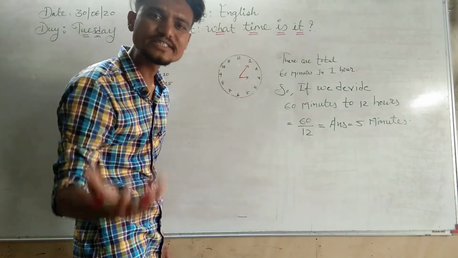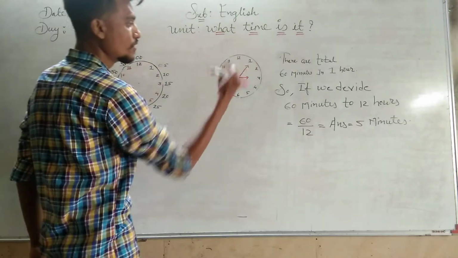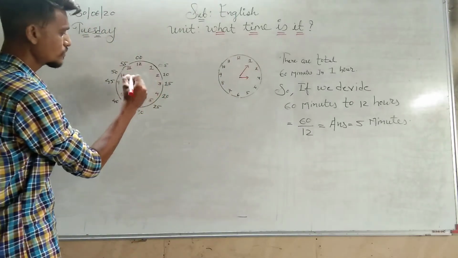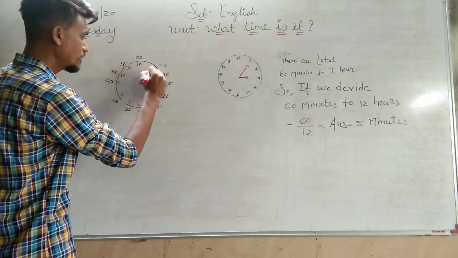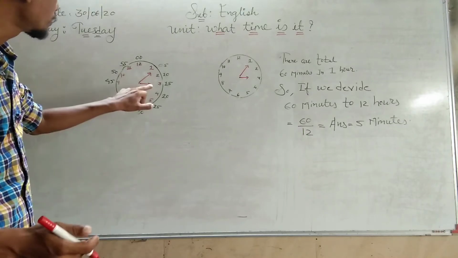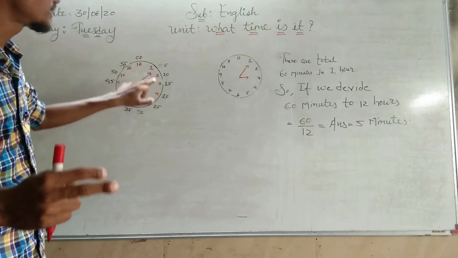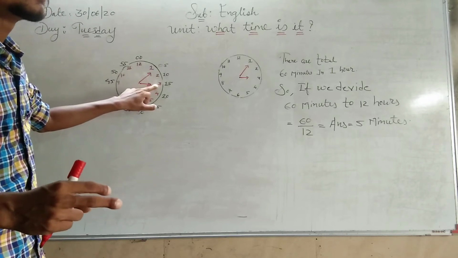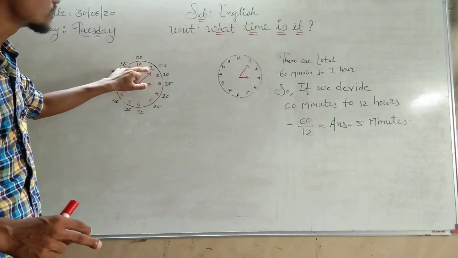But how many minutes are there? Very easy. What I have written here is 5. Let me show you over here that if you want to tell the timing, you should say it is 5 minutes past 3. The 3 is the hour and the big hand is on the 1, right?